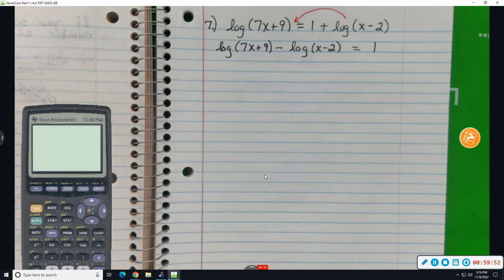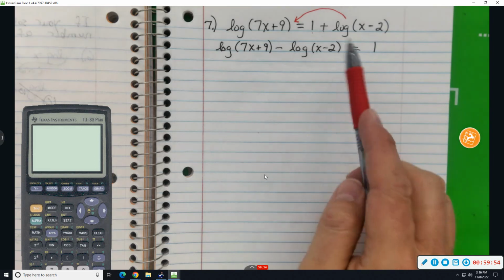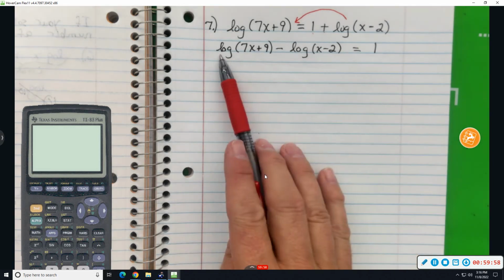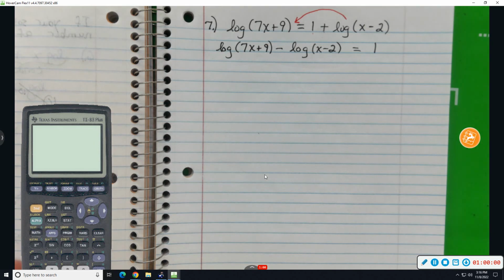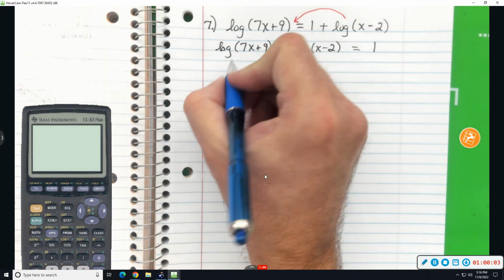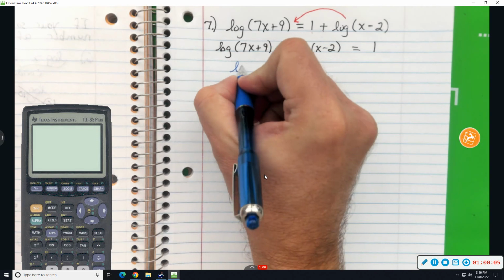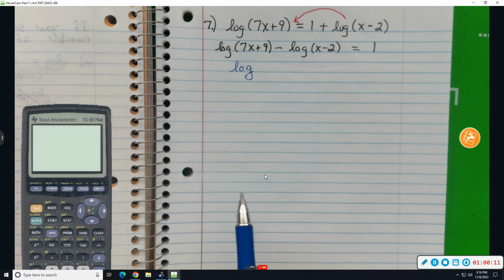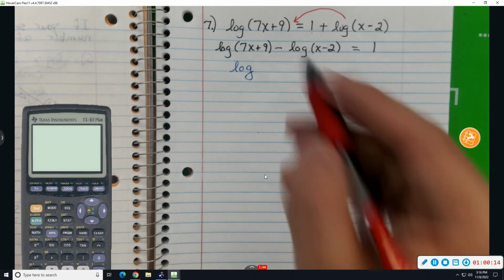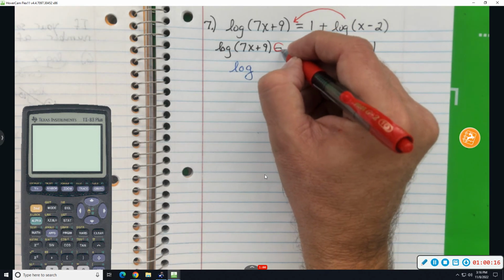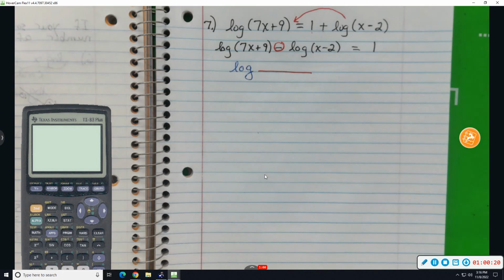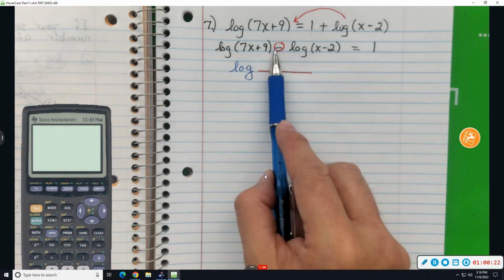So the strategy here is to make that problem more like number 6. Put the two logarithms on the left, and now let's condense them. When you're condensing logarithms, the first thing you ask is, is there a fraction bar? Because of this minus sign, there's going to be a fraction bar.